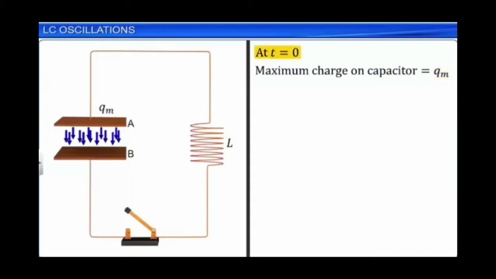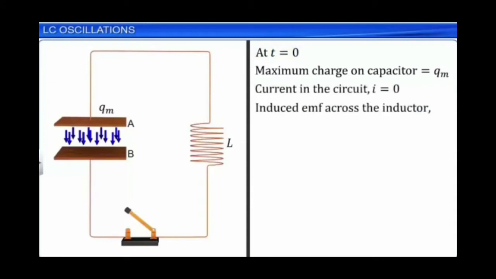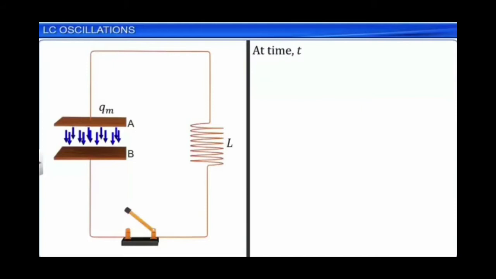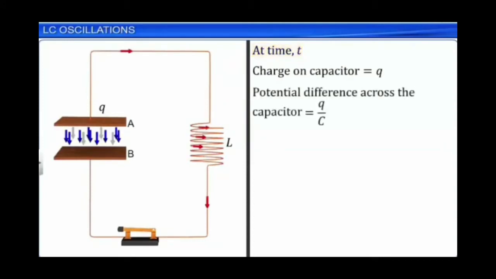At time t equal to 0, the charge on the capacitor is maximum and let it be Qm. And the current in the circuit is equal to 0, and the induced EMF across the inductor also is equal to 0. Now at any time t, the charge on the capacitor, let it be Q. Therefore, the potential difference between the two plates will be Q by C, where C is the capacitance.